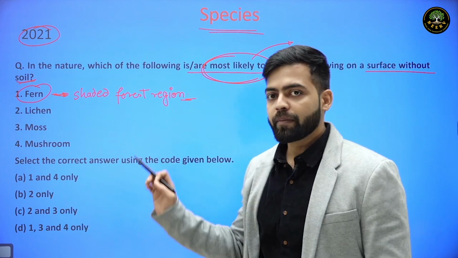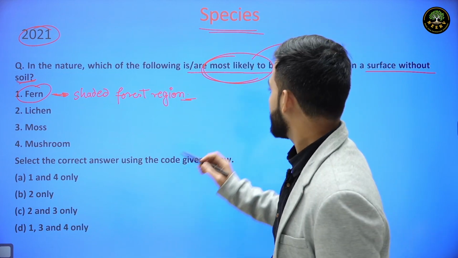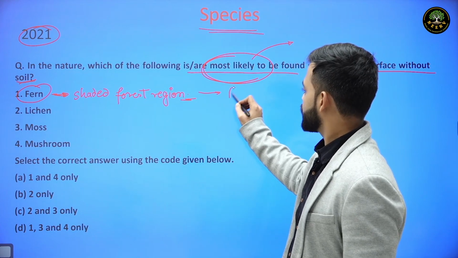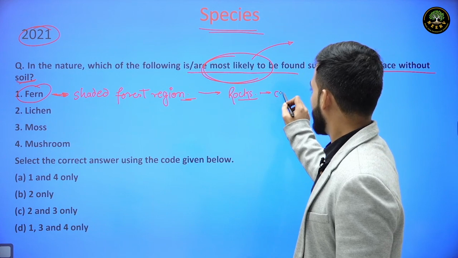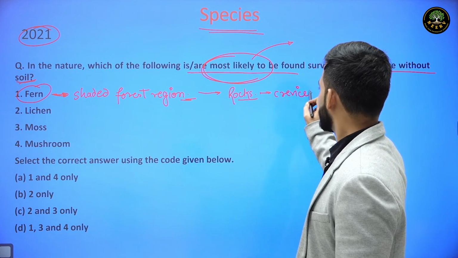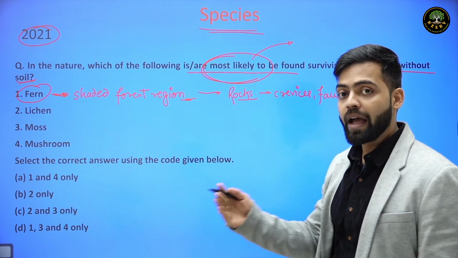So ferns can be grown in soil as well, and they are grown in rock surfaces as well, like rock crevices, faults or fissures where cracks are there.